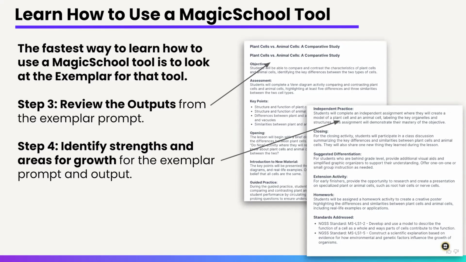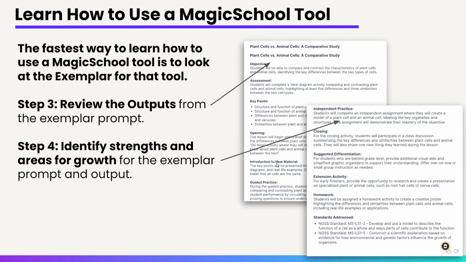You're looking at it with a cautious eye, saying, I really like this about this, I don't like this. Many teachers and many users of AI complain that this is very generic and not very detailed. That's where you can go in and say, I need more detail. That would be an area for growth.